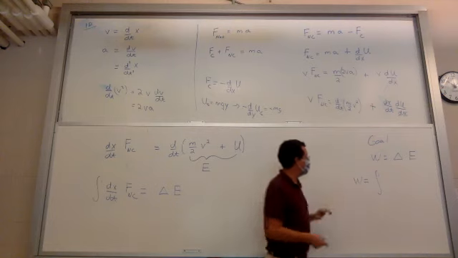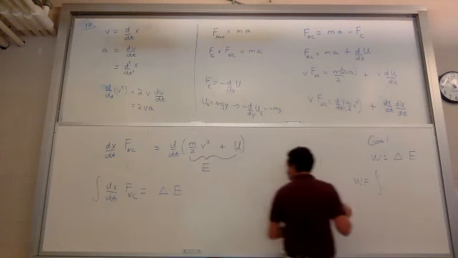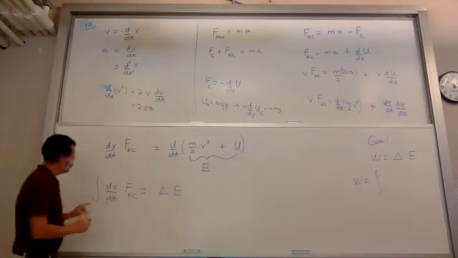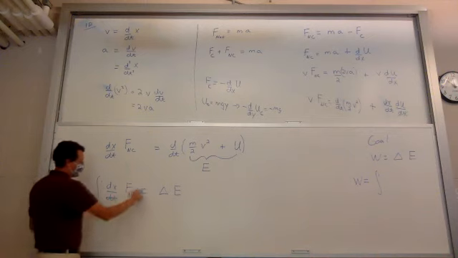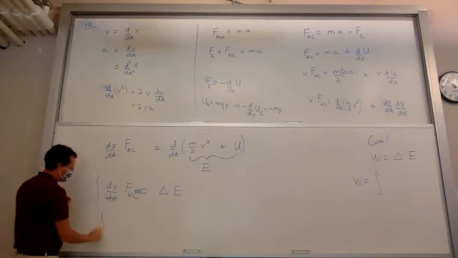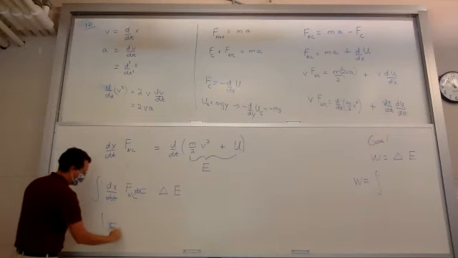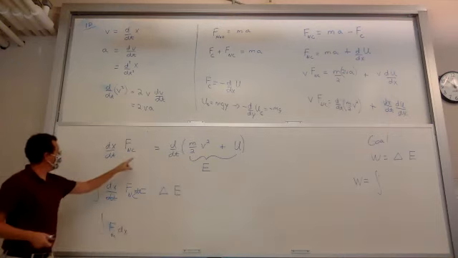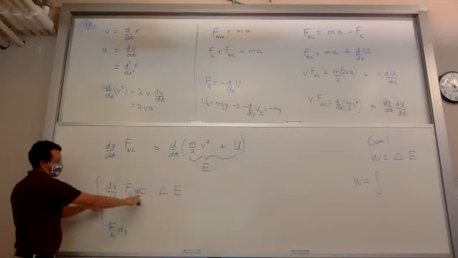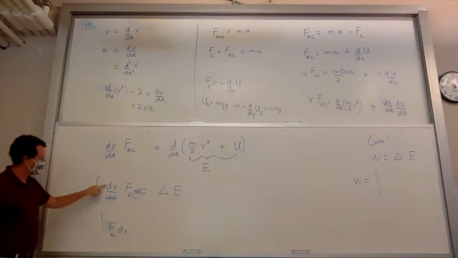But in general, the work due to a force is an integral dt. Don't forget that. Or you can, again, pretend they're like fractions. This becomes the integral of the force over a distance. This was integrated over time, so using the chain rule, we change that into an integral over space.